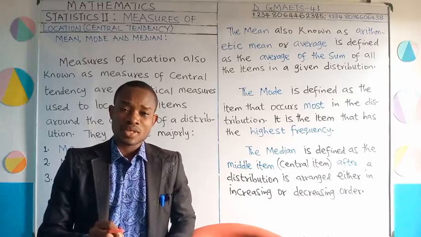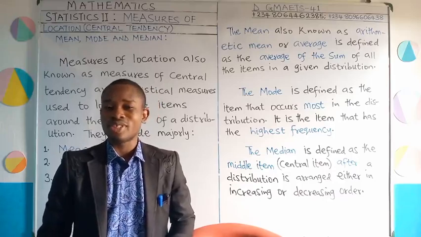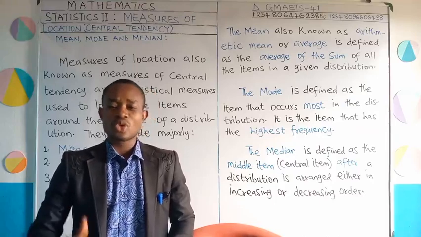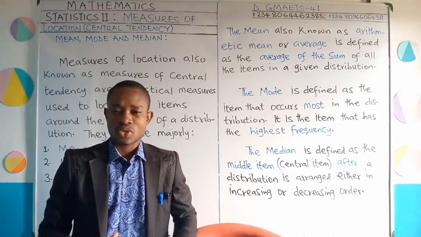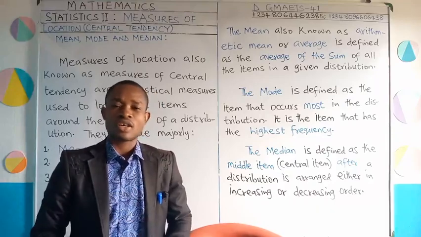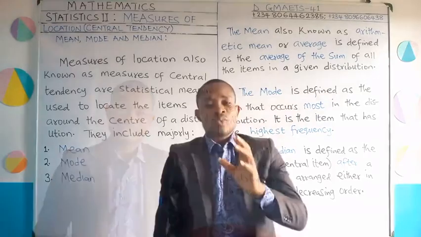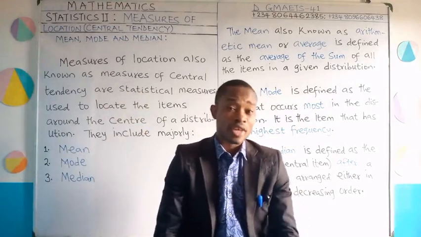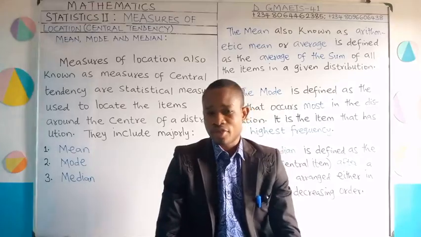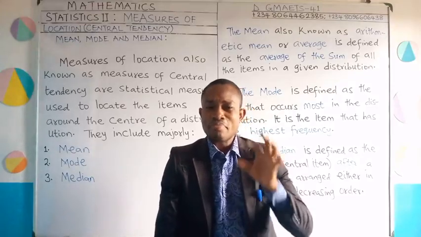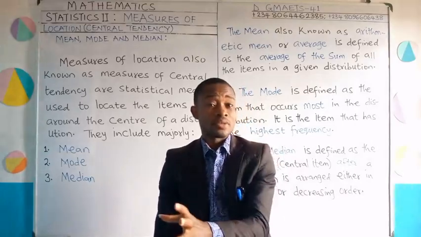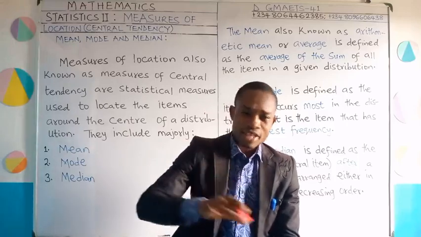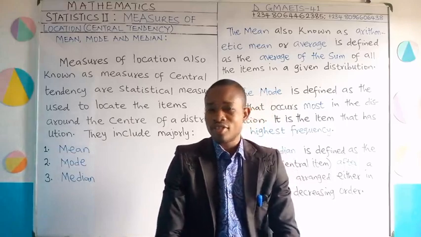These are the measures in statistics which we use to locate the items that are around the center of the distribution.